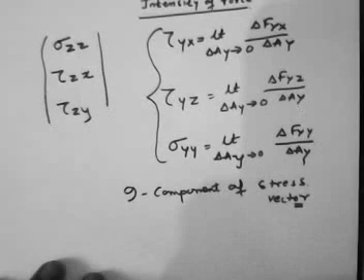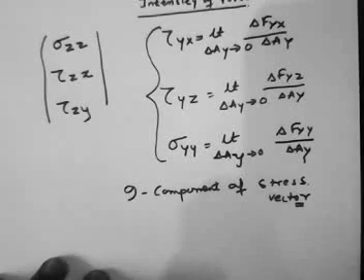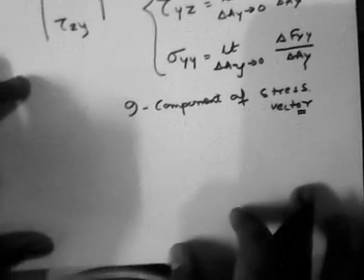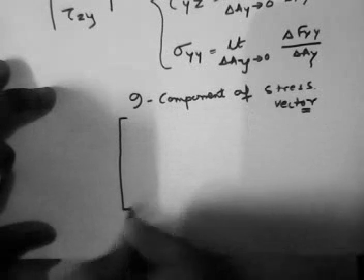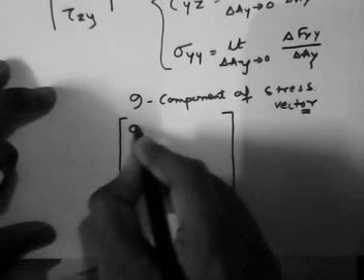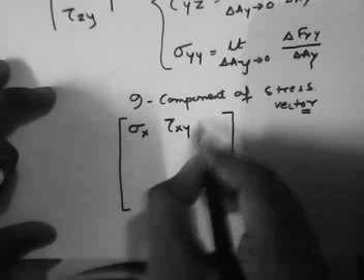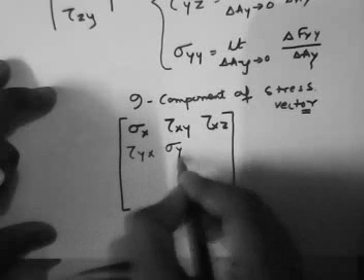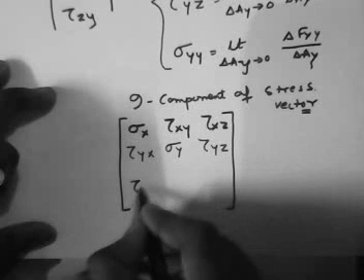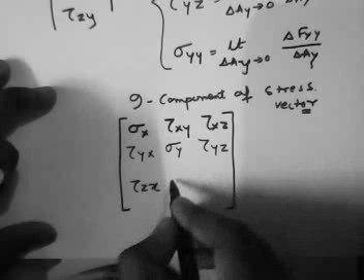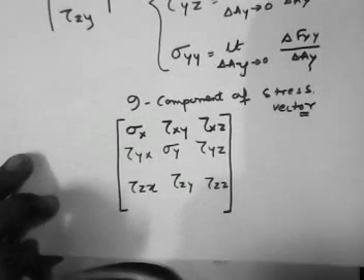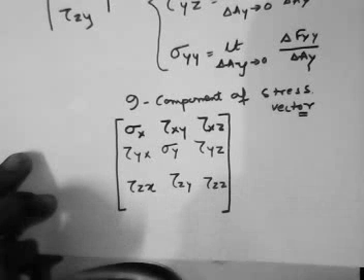So basically at a point, if we define a stress vector, it has 9 components and it is denoted by a stress tensor, a 3D stress tensor, and that will be indicated by a matrix, denoted like this: sigma x, tau xy, tau xz, tau yx, sigma y, tau yz, tau zx, tau zy, and sigma z.